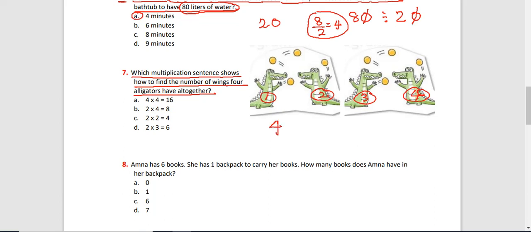To find the number of wings, let's see for each alligator how many wings. 1, 2, 1, 2, 1, 2, 1, 2. Each alligator has 2 wings. So if there are 4 alligators, the total number of wings will be 2 times 4, which is 8. So the correct answer is B.